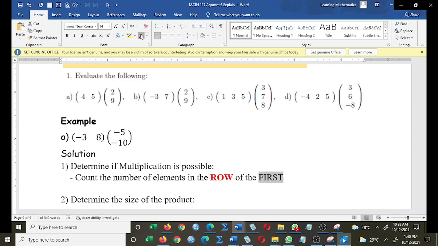Everybody understand that, right? Everybody knows how to count, and everybody knows what I mean by row and what I mean by first. We're reading from left to right, right? So the first matrix there will be the -3 and the 8, isn't that so? And the second matrix is the -5 and the -10.